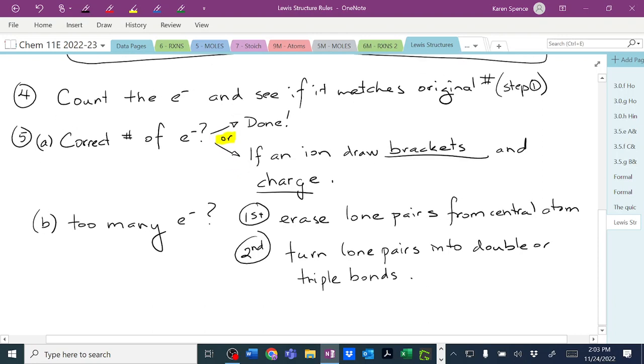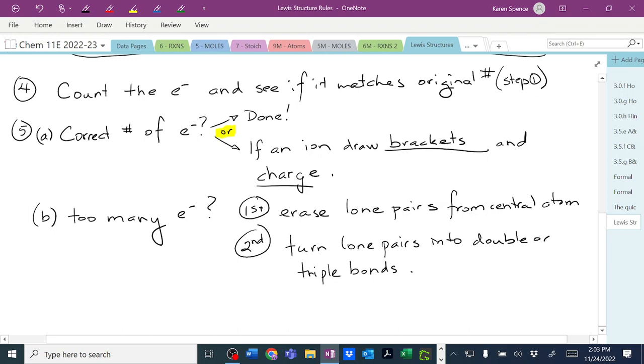There's actually another way to do this that doesn't involve drawing all the electrons. It just involves using the valence electrons you have, and then you don't have to erase. But I find that when you do it this way, the number of lone pairs you erase is going to be the number of multiple bonds that are formed.